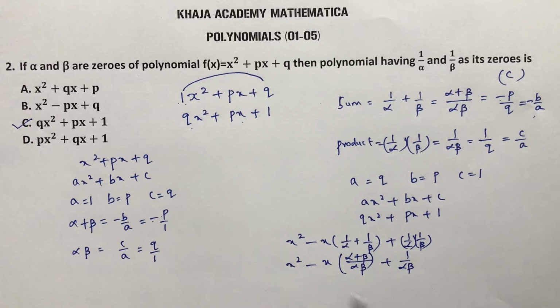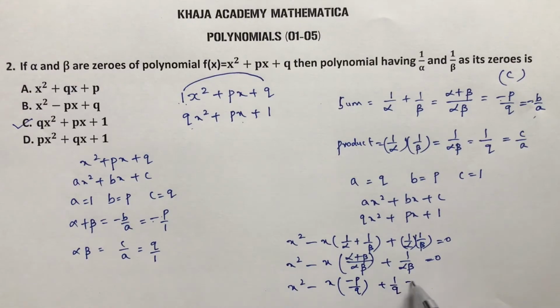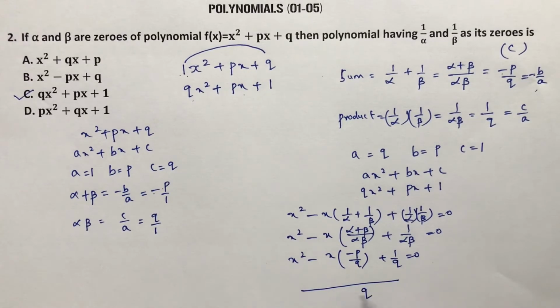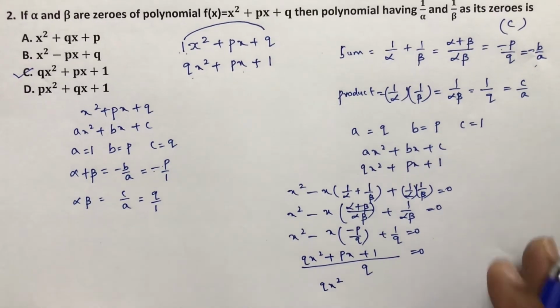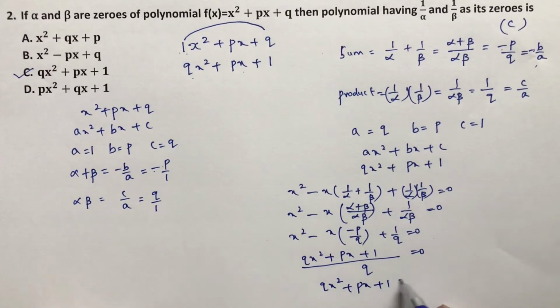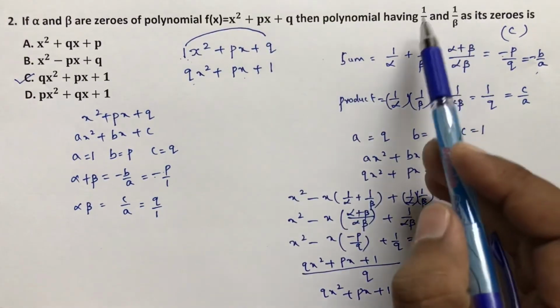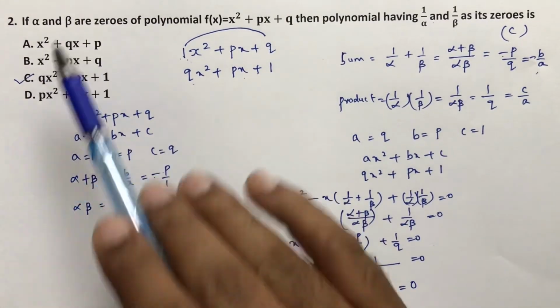Substituting the values, x into minus p by q plus 1 by q equals 0. Taking LCM q, we get qx square plus px plus 1 equals 0. As it is an MCQ, my advice is just interchange the values of a and c if you are finding a quadratic polynomial whose zeros are reciprocals of the given polynomial.